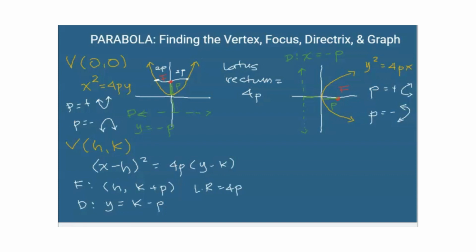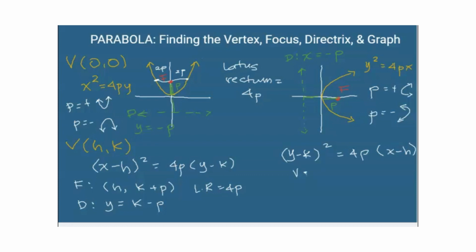Now for the parabola that opens to the right with the vertex at h, k, the equation would be y minus k squared is equal to 4p, and your x would be x minus h. The vertex is still at h, k, of course.